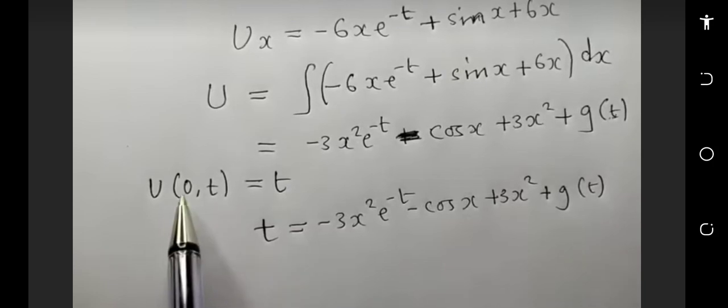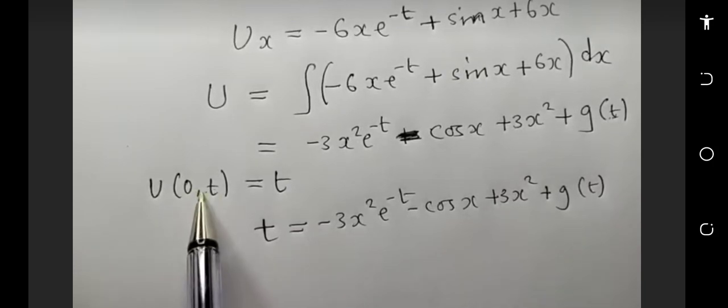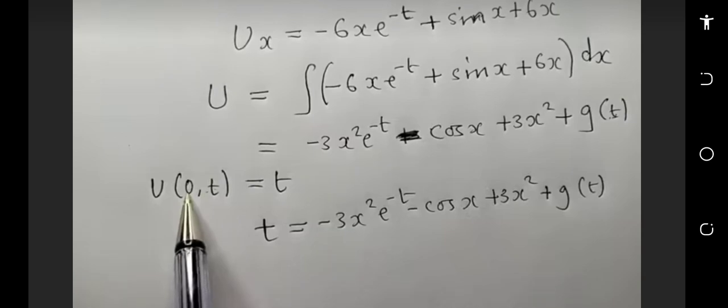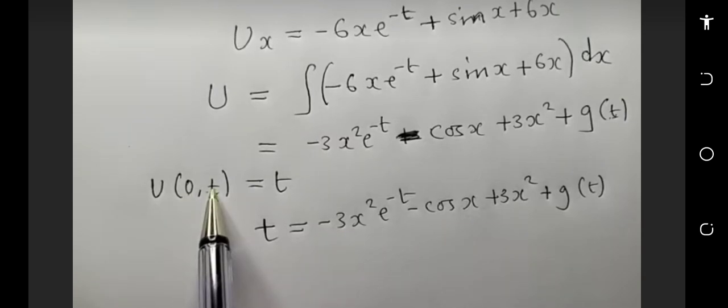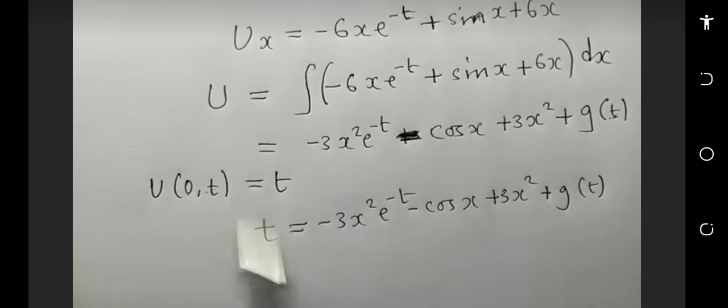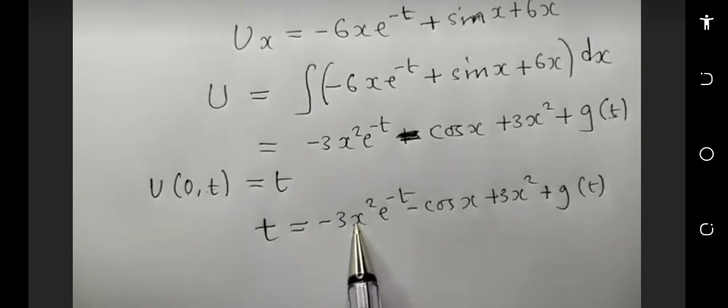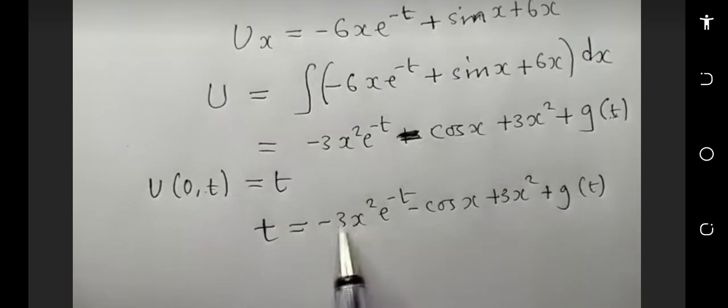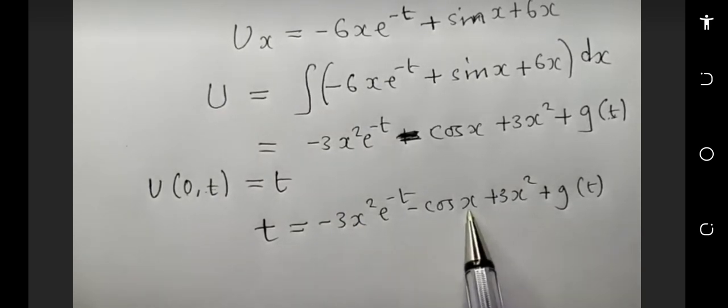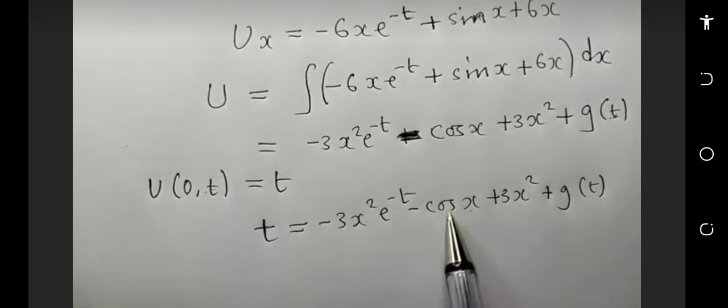So now, looking at what is here, the x value will be equal to 0, the t value will maintain. So wherever we see x, we're going to put what? A 0. So if we substitute a 0 here, it will just be a 0. A 0 here, it will be a 1, plus this negative, it will be negative 1.